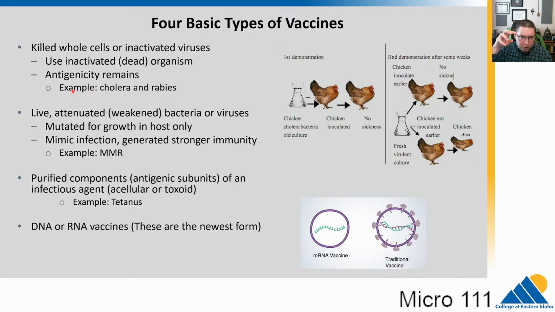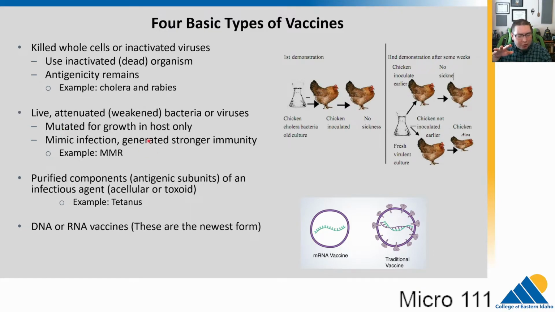Okay, that's one way. You could also take the live pathogen and attenuate it or weaken it. There are various ways you can do this. You can expose them to heat or other chemicals, phenol, formalin, things like this that weaken them. And they will still grow in the host, but they do not cause disease in the host.